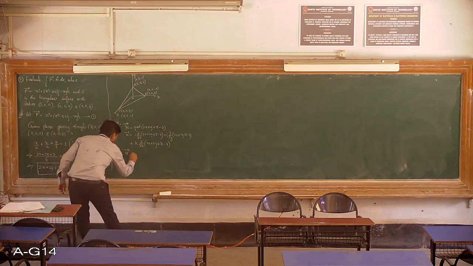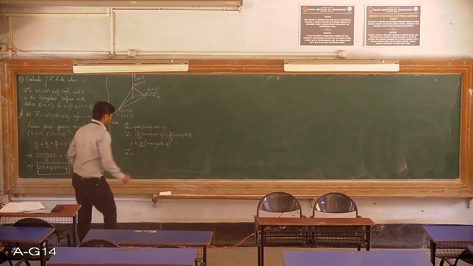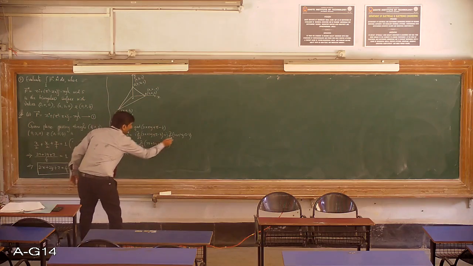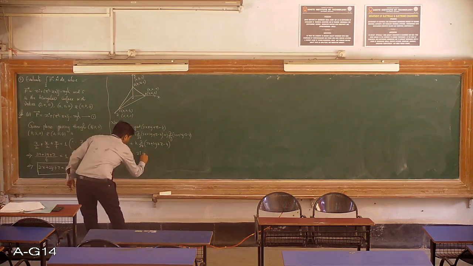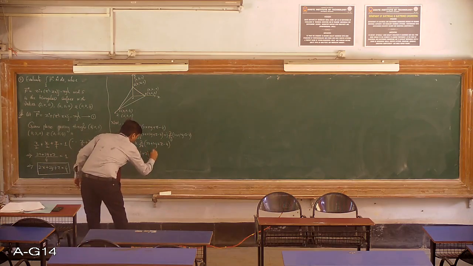Then vector n is, if you differentiate, 2 times i, 2 times j and 1 times k.